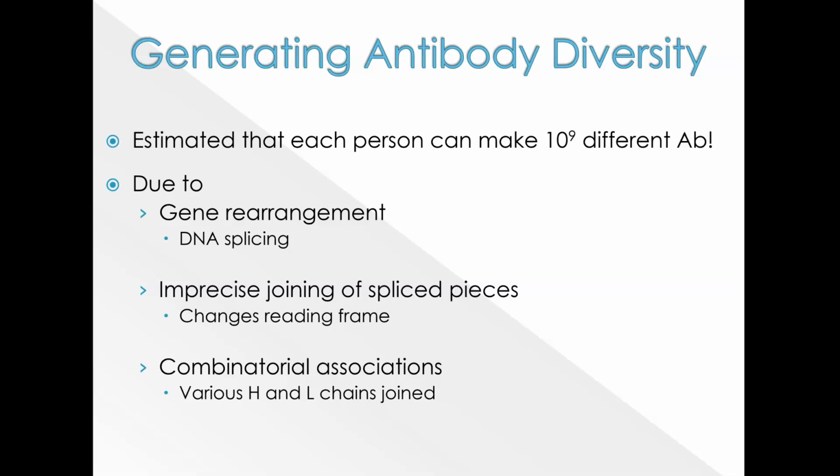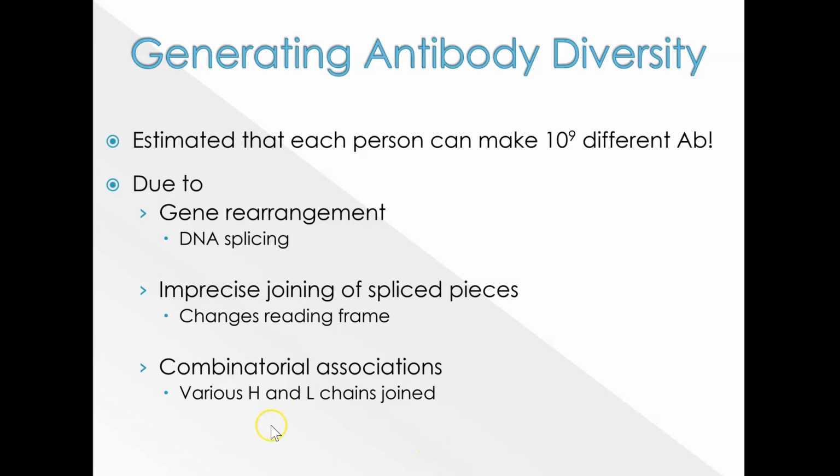So how is it that if we have 25,000 genes, we can make a billion different proteins of just antibodies? Well, it turns out that we only have really one gene that does this really weird thing called VDJ recombination.